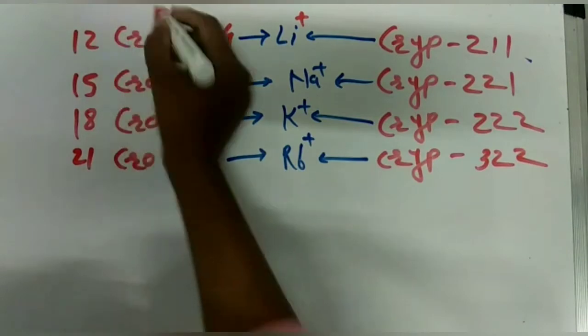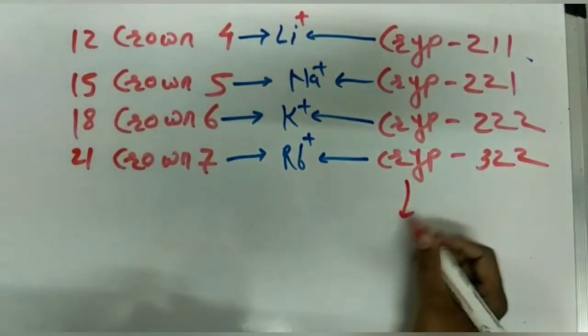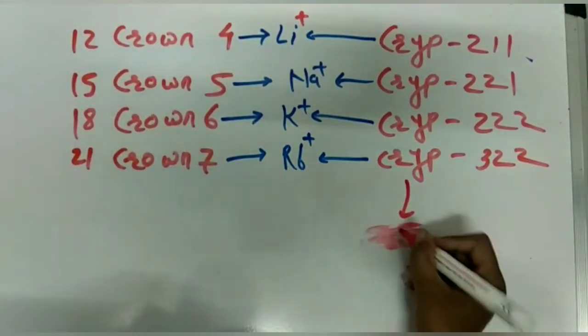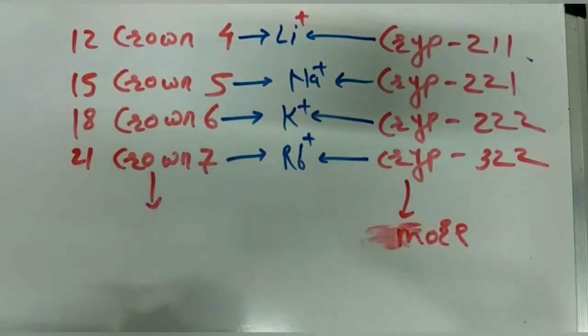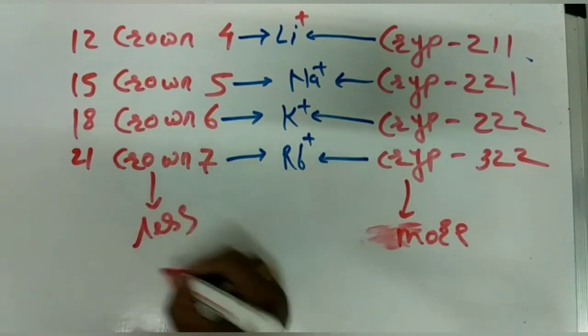Here the selectivity is more for cryptand, as compared to crown ether, which has less selectivity.